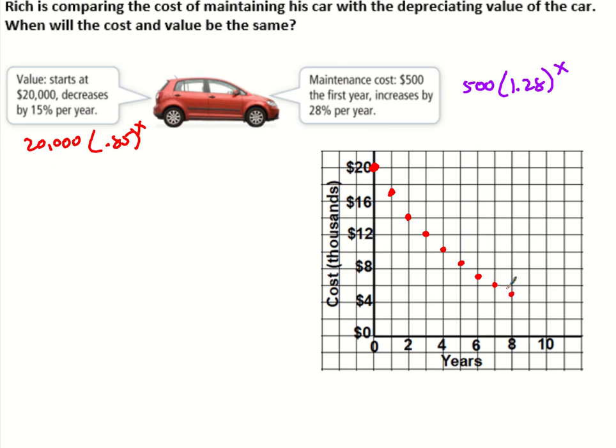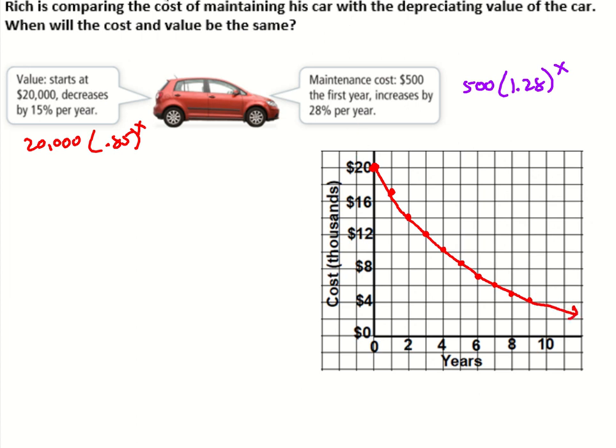We'll keep going. We'll do one more. 9 years is 4,600. Right about here. And that's my function for the value of the car.